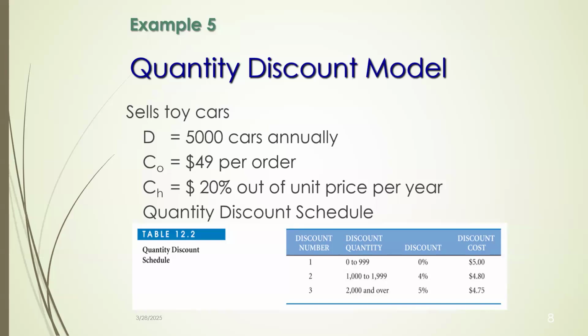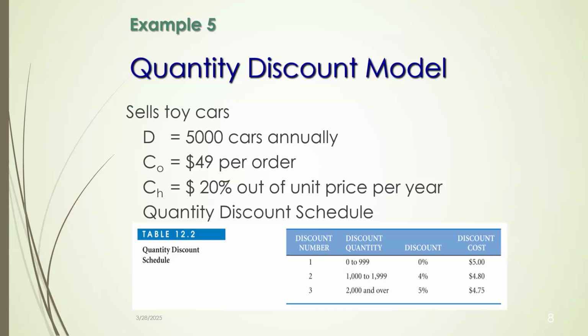Now, the question is the optimal order size. If the situation is like this, how much quantity should be ordered at a time? Or another way we can say, with quantity discount, what is the economic order quantity?